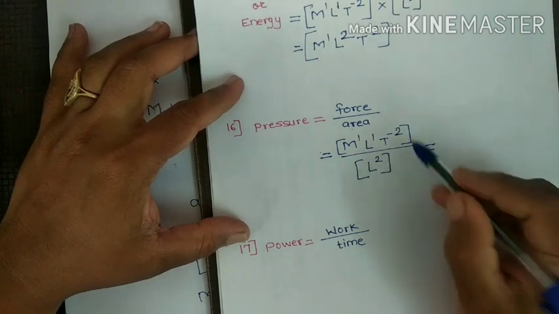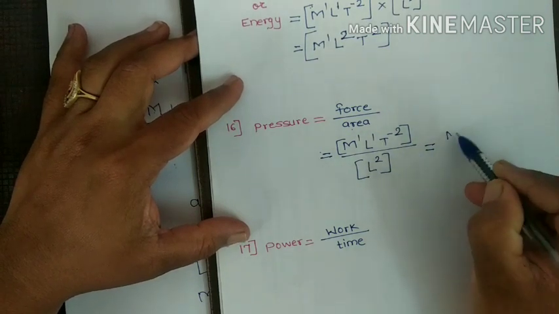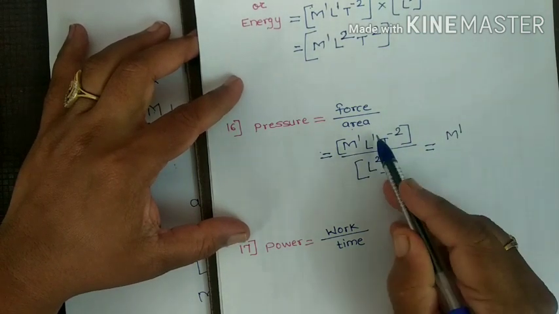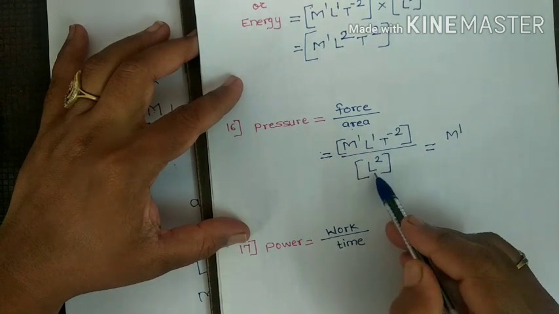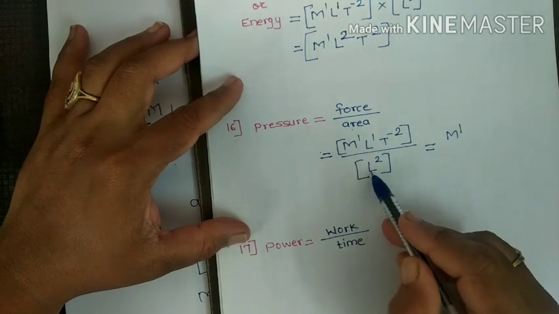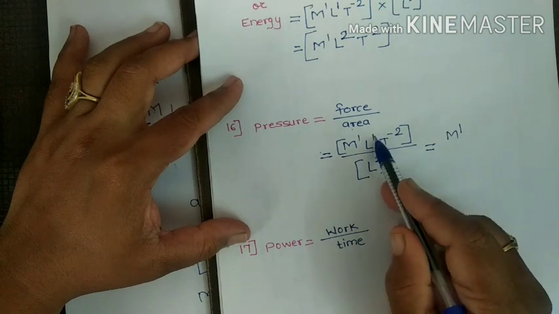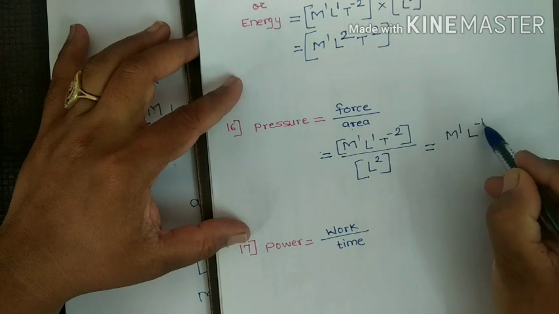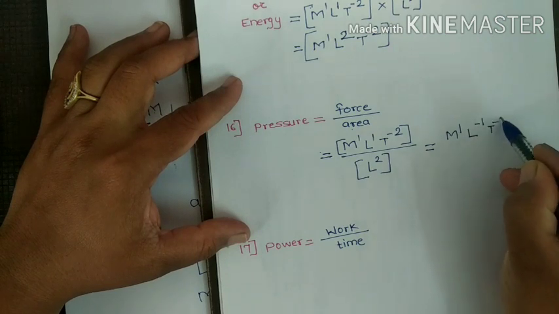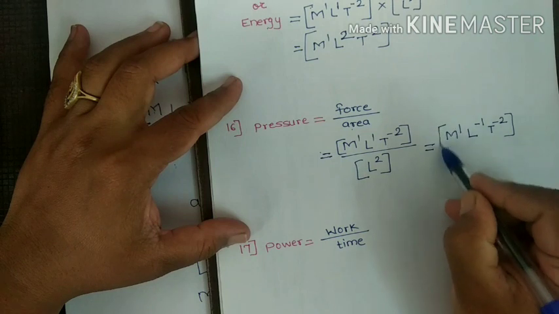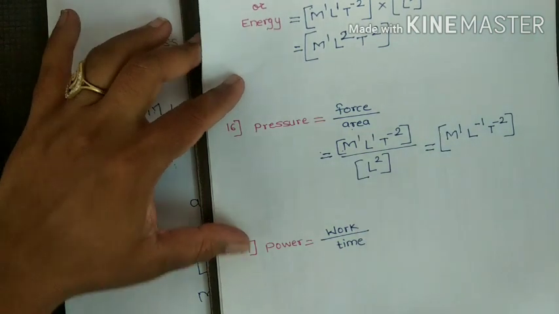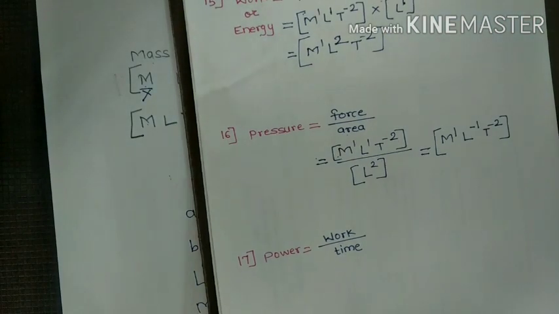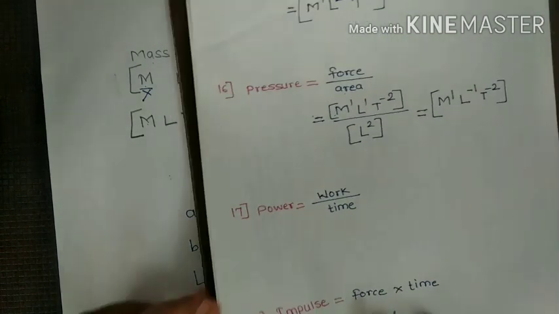Again we solve that equation. That is M^1 L^1 upon L^2. That L^2 goes to the numerator, that's why that is 1 minus 2. That is L^-1 and T^-2. M and T stay the same here. Those are the dimensions for pressure.